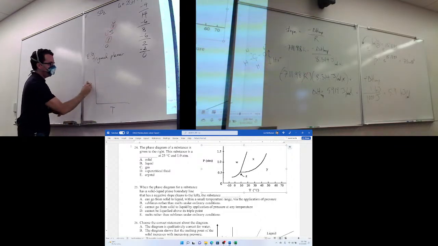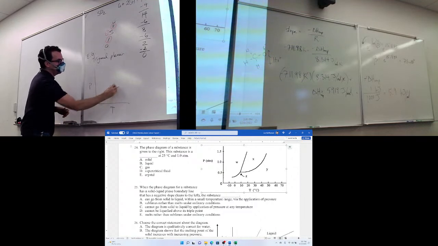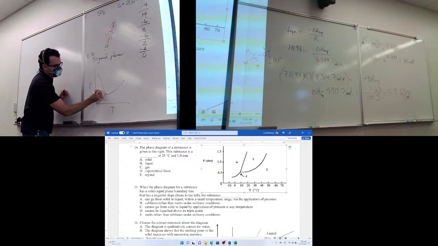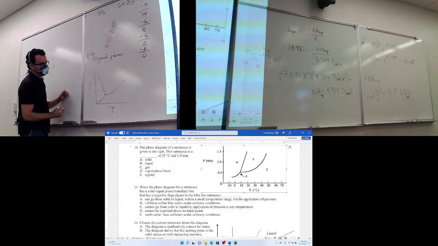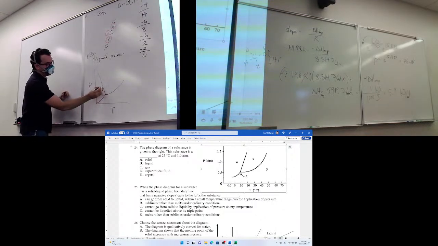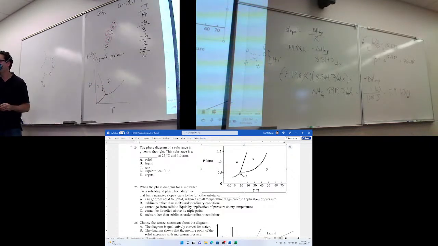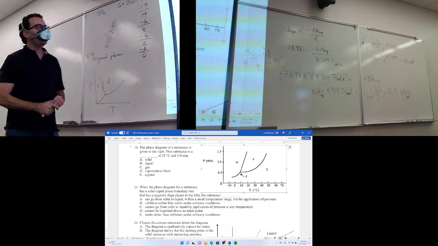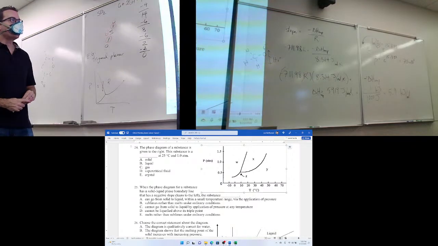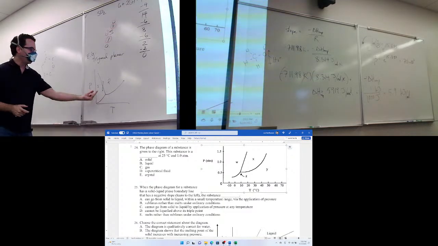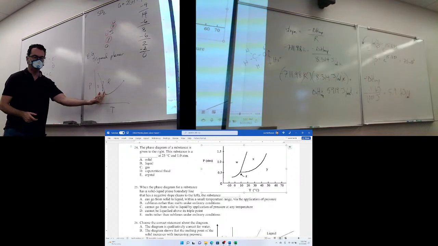Temperature, pressure. So let's say it's like that. If I am here, whatever that pressure, whatever that temperature is, and I increase the pressure, I suddenly go from solid to liquid. It suddenly melts. So that's what a negative slope does. It can go from solid to liquid by increasing the pressure. And that's exactly what water does. Within a small range. So you have to have a really small range of temperatures where that can happen.